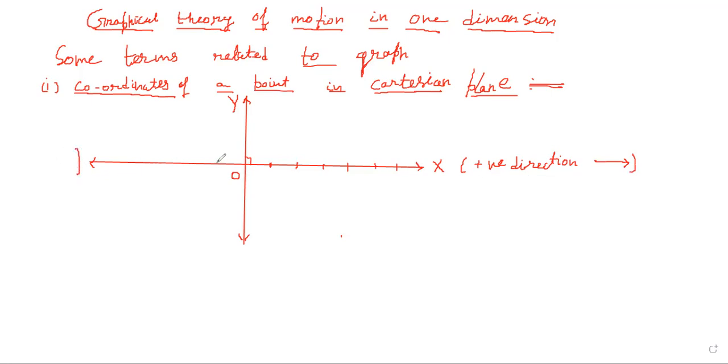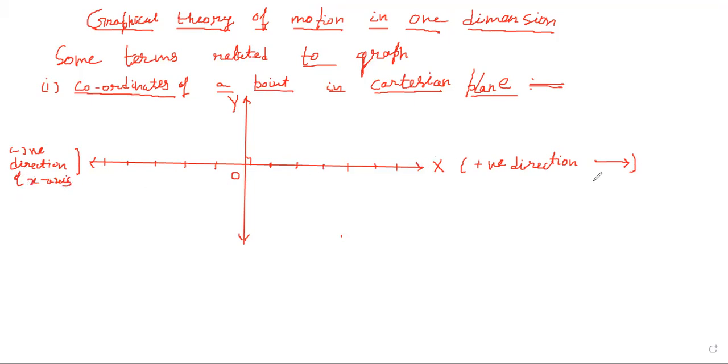And if we move along this side, this is called the negative direction of the x-axis.